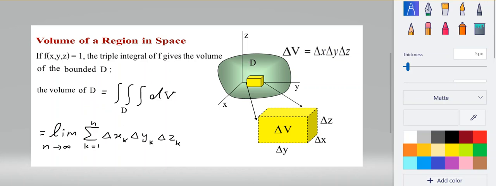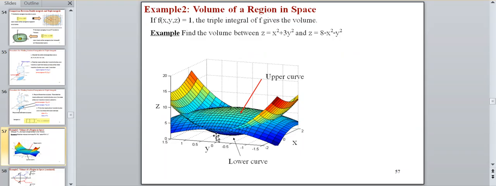Okay, now let's go back to this example. Look at here, we have a bounded region in three-dimensional space, bounded between these two surfaces: z equals x squared plus 3y squared, which is this one, and z equals 8 minus x squared minus y squared, which is this one.